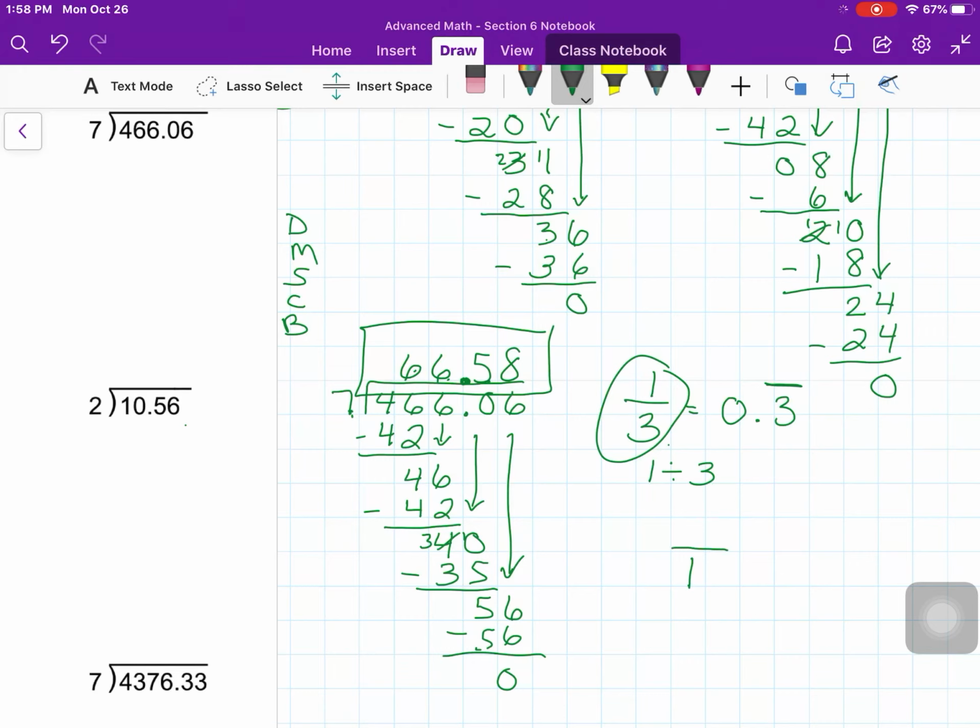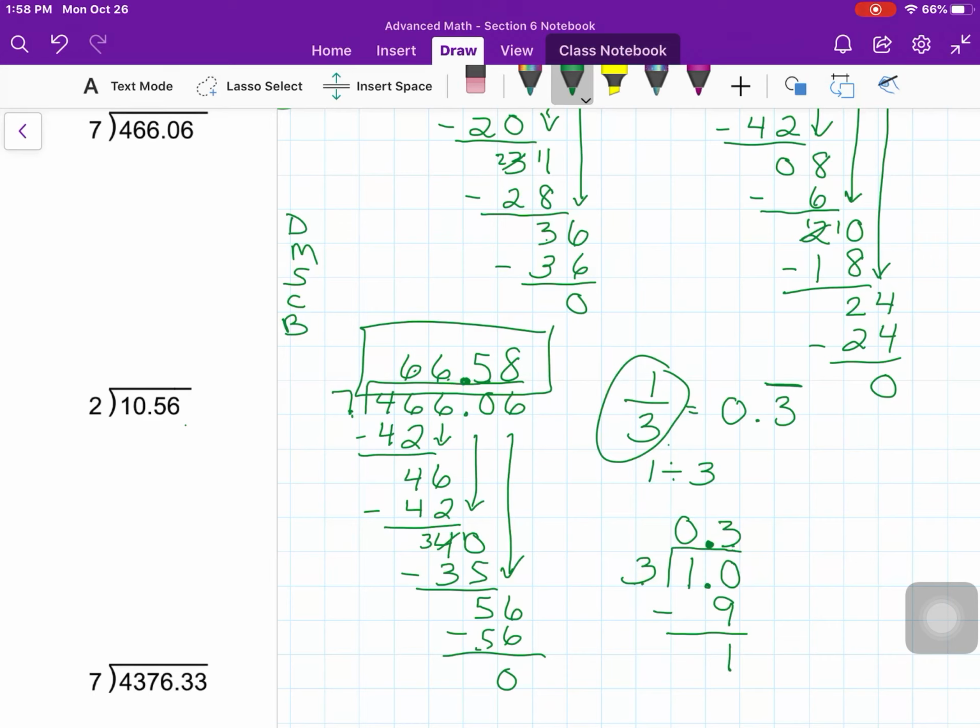The 1 is the dividend, and the 3 is the divisor, so it goes out like that.